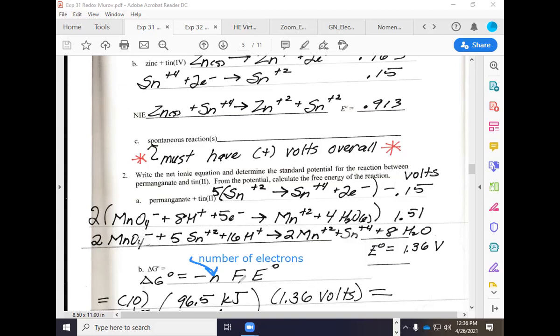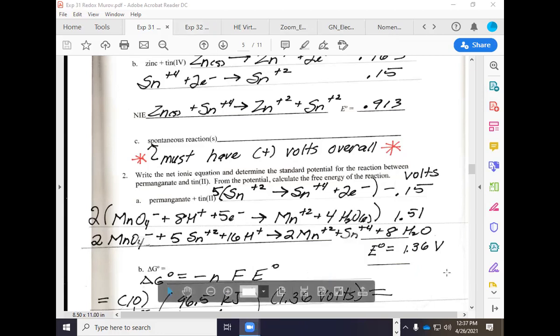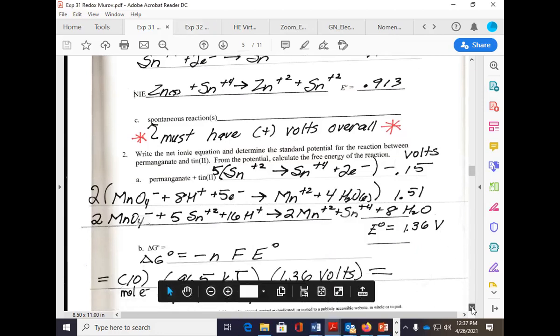This is Faraday's constant, named after this Faraday person. That's this. And then this is the E that we got up here. So we had 5 times 2, we had 10 electrons. We put 10 electrons here. We put the Faraday's constant here, and then the volts from adding everything up. And the Faraday's constant does have some units. Those are the units for the Faraday's constant.